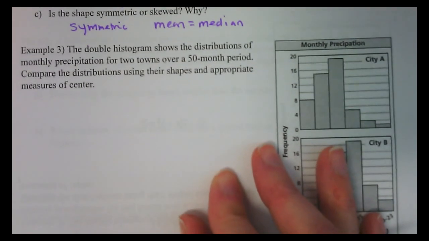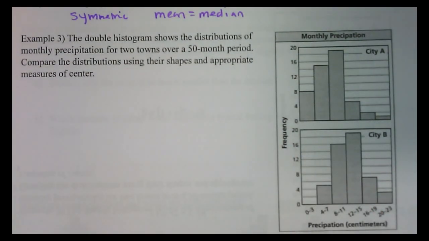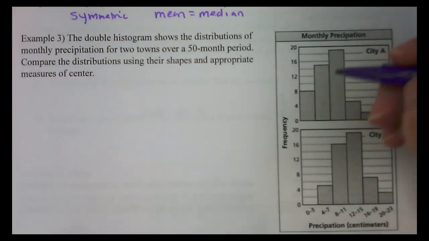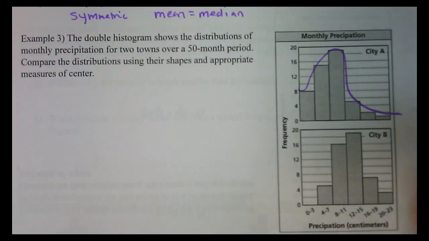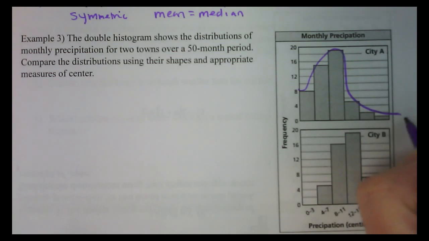Okay, example 3. The double histogram shows the distributions of monthly precipitation for 2 towns over a 50-month period. Compare the distributions using their shapes and appropriate measures of center. So if we were to draw a little shape over this, okay, this side is getting pulled. It's not really going to be symmetric.